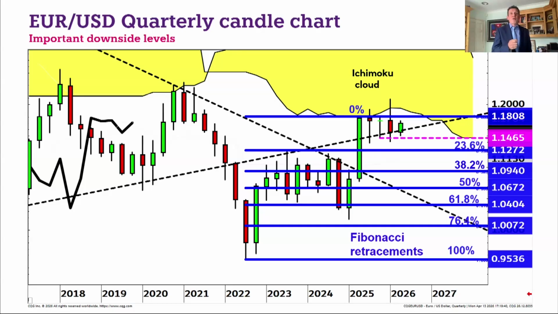So initial support, 114.65 area, and it was a big move up. So it's a bit of a move down to see where the support areas are. The next support is 112.72, which is the old highs and also the 23.6%. And 109.40 is the 38.2%. So euro dollar can move all the way down to the 109.40 area and still, on a Fibonacci basis, be in its impulsive attack higher mode.